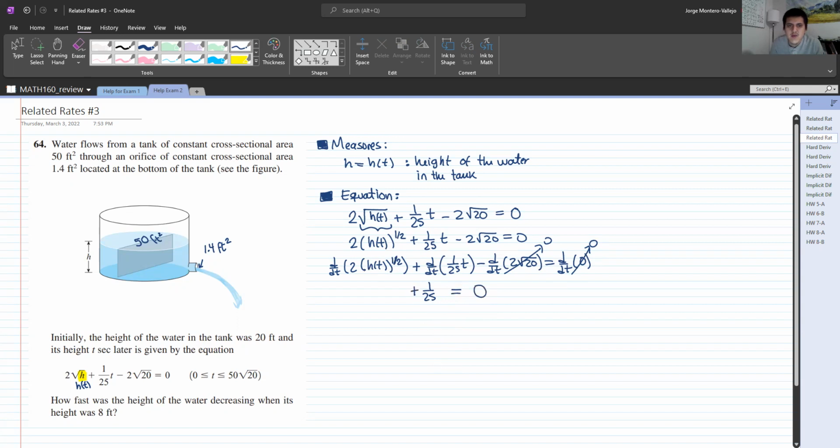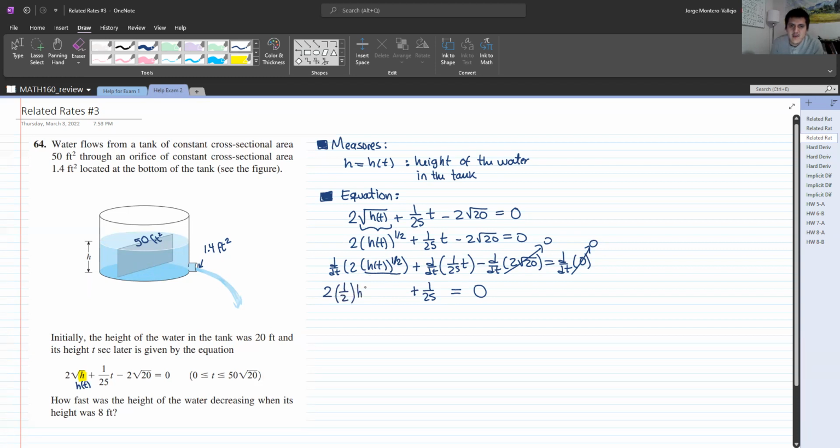Now we need to do this part over here. Okay, so 2 is another constant, so it will just stay there. We just worry about taking the derivative of this part over here. This is again a function being raised to a power, so we want to use the general power rule, which tells us that 1/2 will come down to the front and multiply.